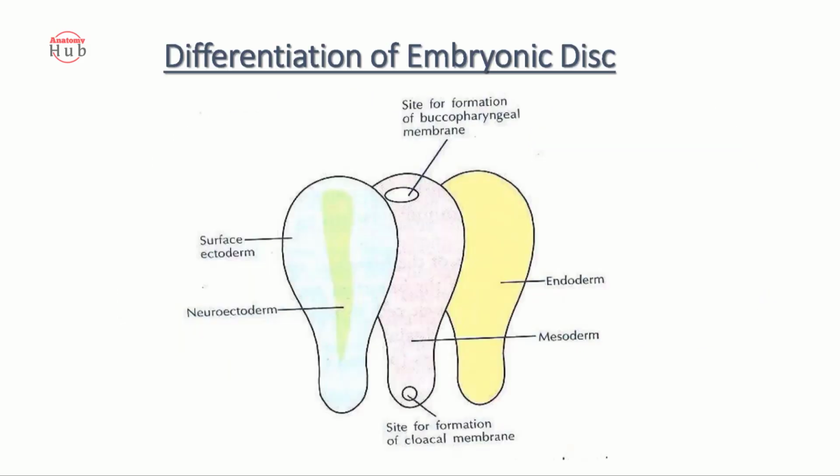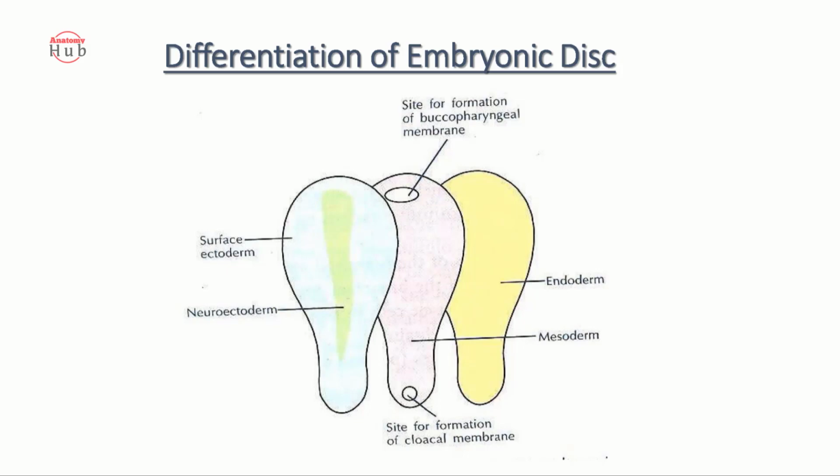Intraembryonic mesoderm, however, doesn't pass between the ectoderm and endoderm at two sites, that is, the prochordal plate, or you can say the oropharyngeal membrane at the cranial end, and the cloacal membrane at the caudal end. In these two regions, you will not find the intraembryonic mesoderm.